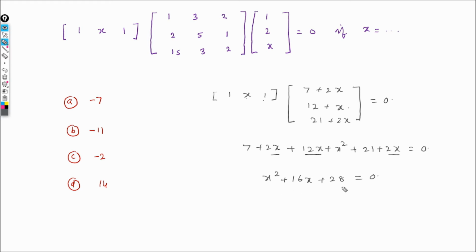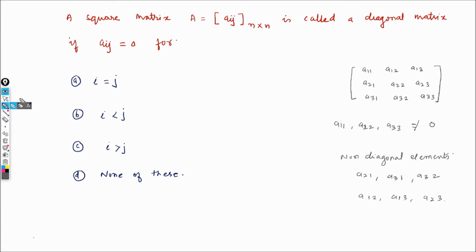So this is a quadratic equation so we can factorize this. Its factors are x plus 2, x plus 14 is equal to 0. This implies x is equal to minus 2 or x is equal to minus 14. So here x is equal to minus 2 will be our answer.